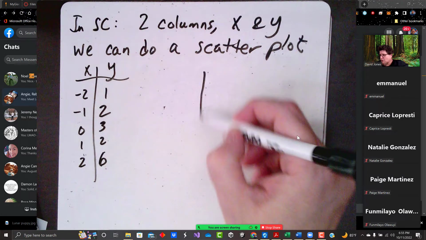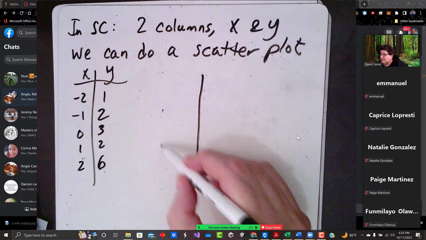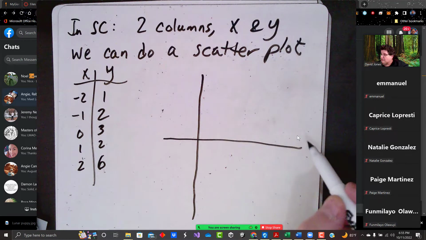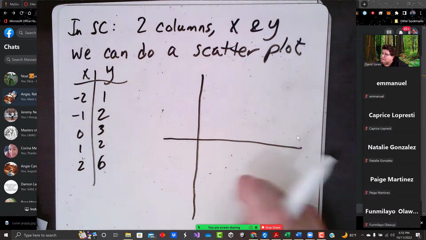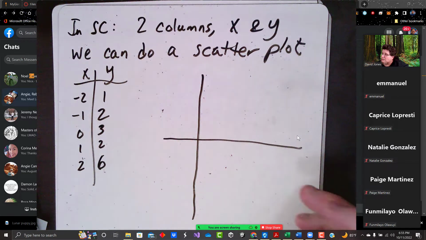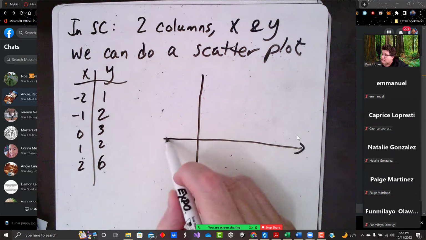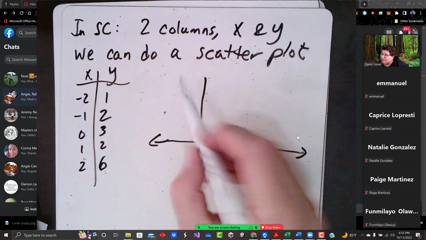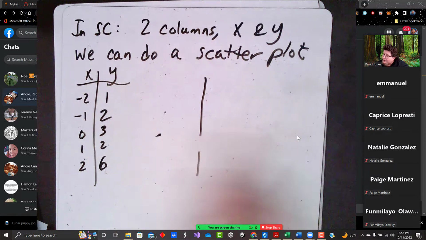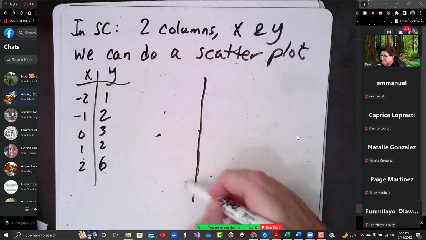Let's say I plotted these real quick by hand. I don't need so much downward. I do need more upward though. I got Y as 6 there.